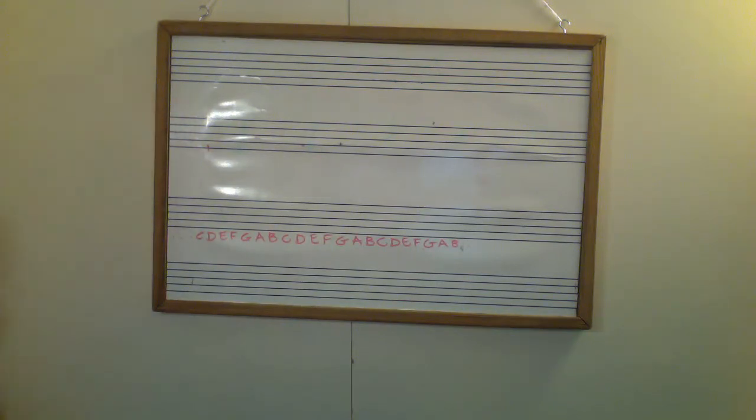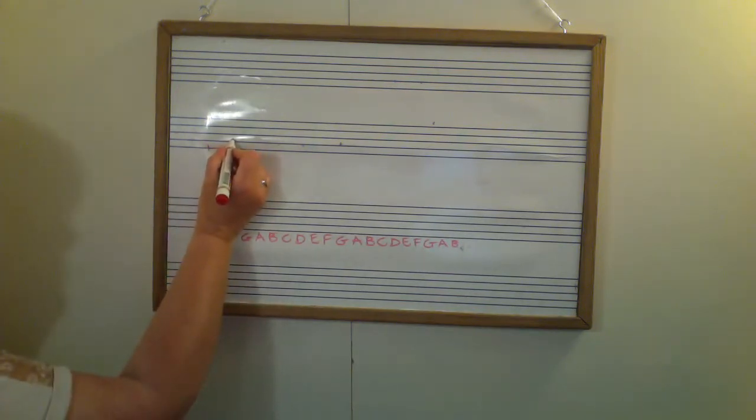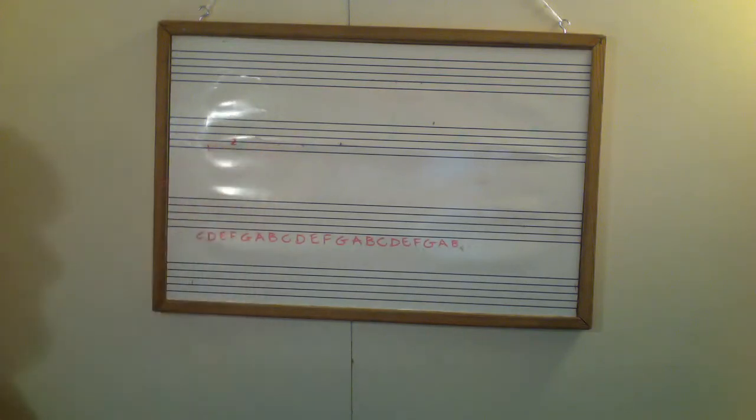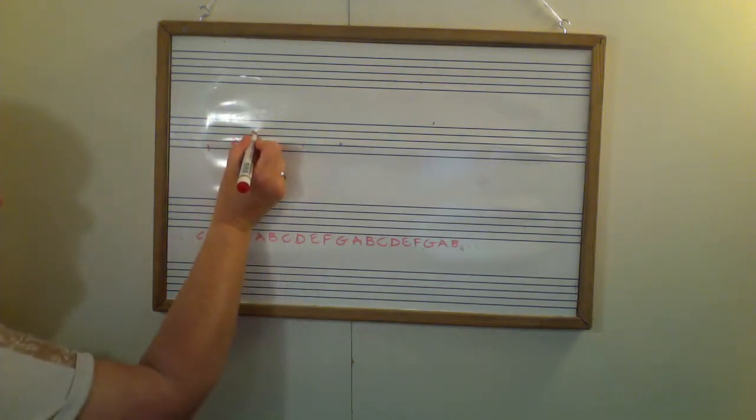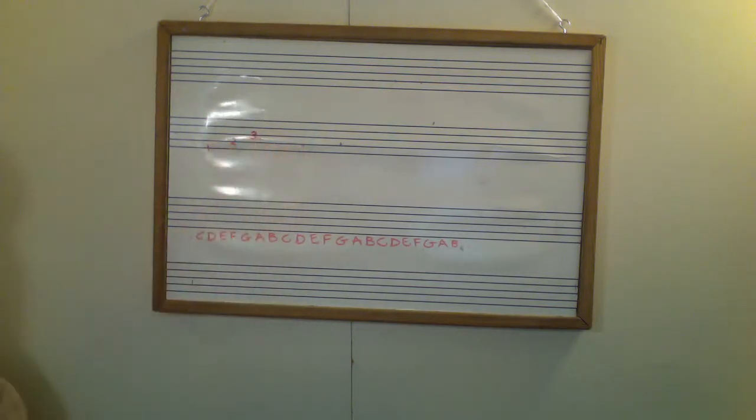All right, so if that's line number 1, where is line number 2 going to be? That's right, just here. There's line number 2. And then if line number 2 is there, where is line number 3 going to be? That's right, right in the middle. There we are. And what about line 4?